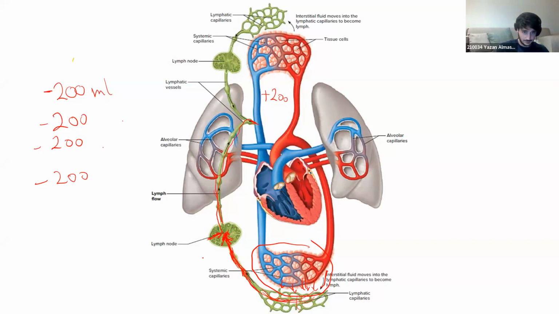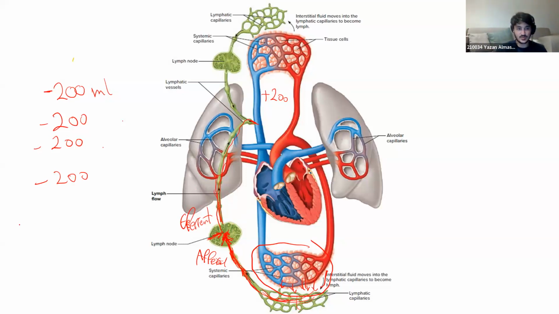The part entering is called afferent, and the part leaving is called efferent, because efferent is taking away, and afferent is taking into.